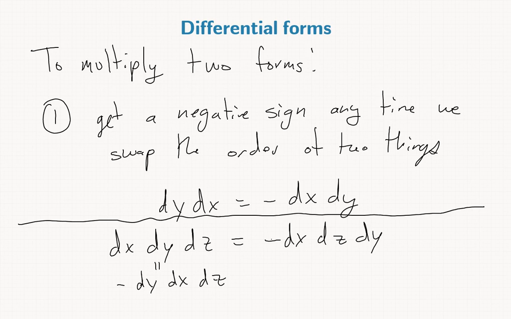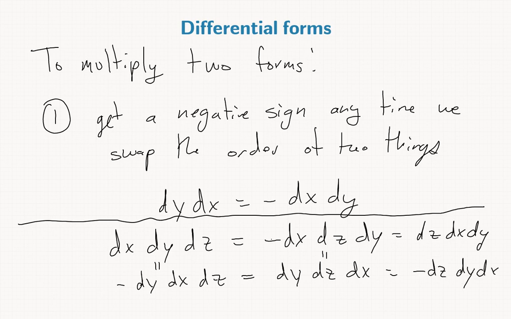This we can swap again, will be dy dz dx. And now these are all equal, and then we could get this is dz dx dy, and this is negative dz dy dx.